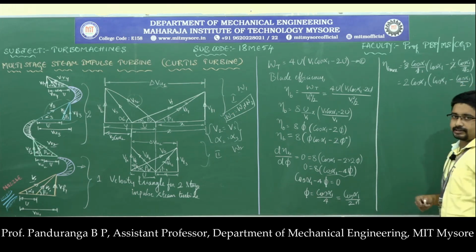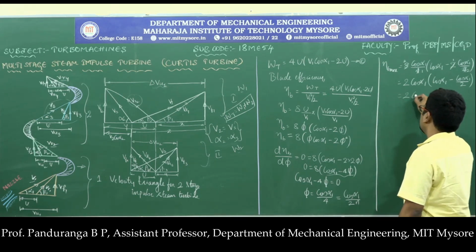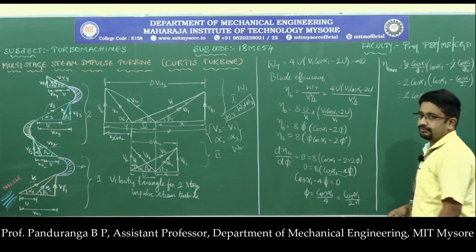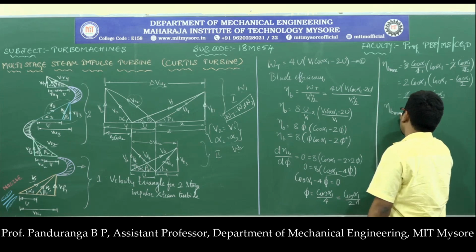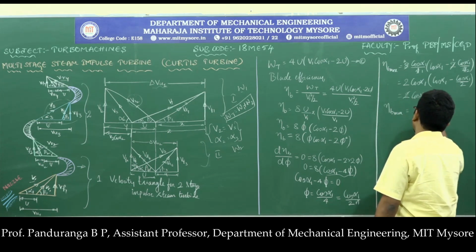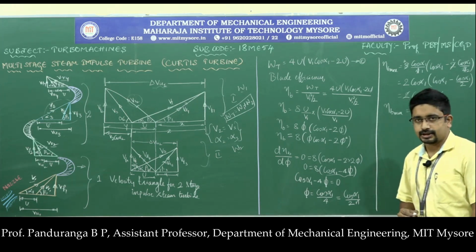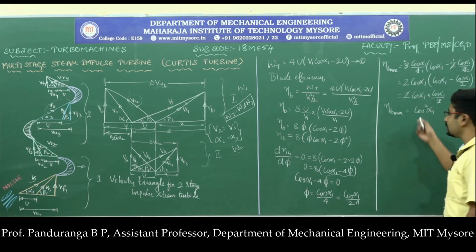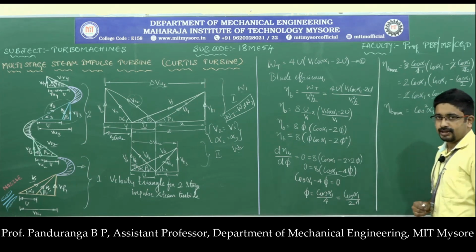When I subtract these two, I will get cos alpha 1 by 2. So I have 2 into cos alpha 1 multiplied by cos alpha 1 divided by 2. This 2 and this 2 will get cancelled. So the equation for maximum blade efficiency is cos square alpha 1. If you remember the maximum blade efficiency equation for a single stage steam turbine, that was also cos square alpha 1. So this is the equation for maximum blade efficiency.